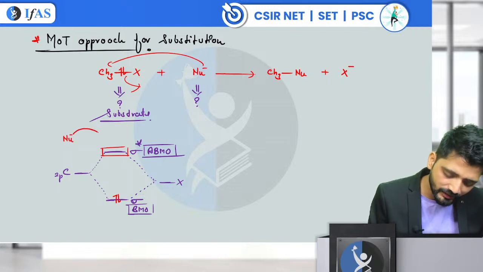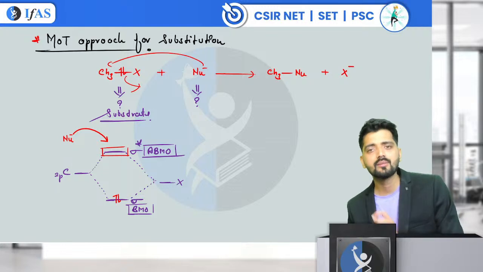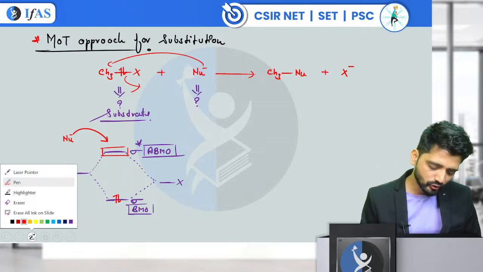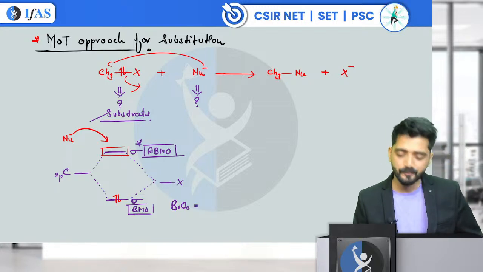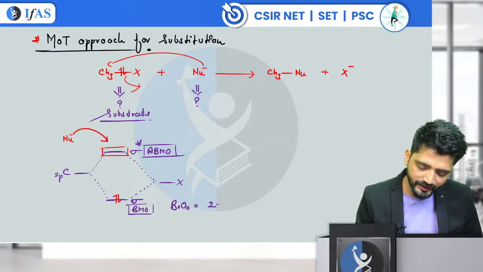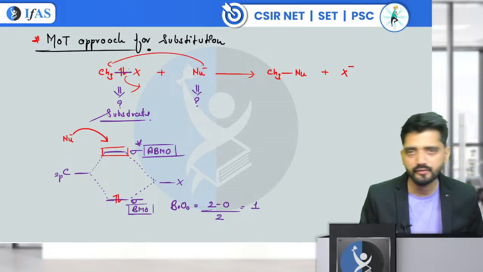So the incoming electrons from the nucleophile enter the sigma star orbital. If I ask you about the bond order before the electrons are donated to the substrate, it will be the number of bonding electrons minus the number of anti-bonding electrons divided by 2, which comes out to be 1. And of course, a sigma bond has a bond order of 1.